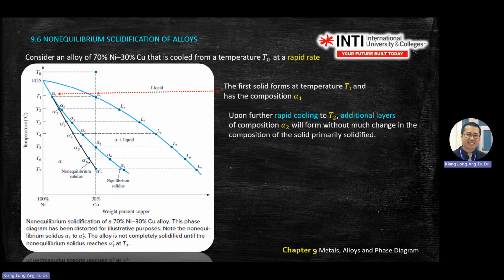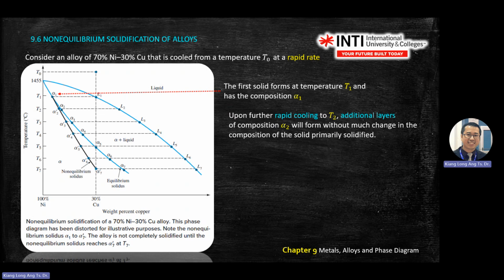So upon further rapid, now we look at rapid cooling. Rapid cooling, the black line from T1 to T2, you will see alpha 2. And the normal cooling will be alpha 2.